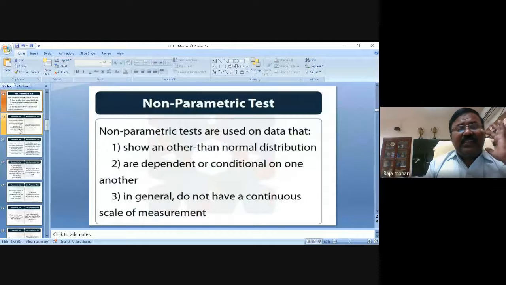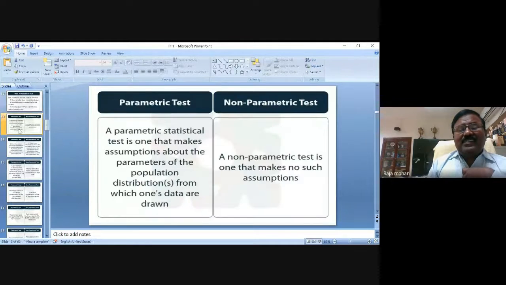That is the significance of non-parametric. In addition, the data shows other than normal distribution, the data are dependent on one another, and they do not have a continuous scale of measurement. Just the opposite of the parametric test.